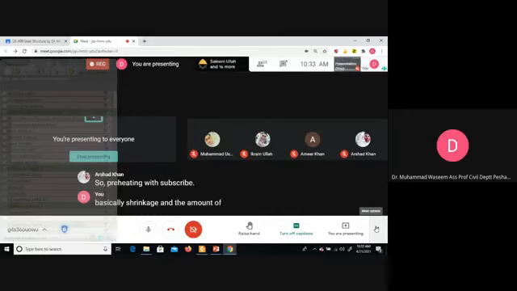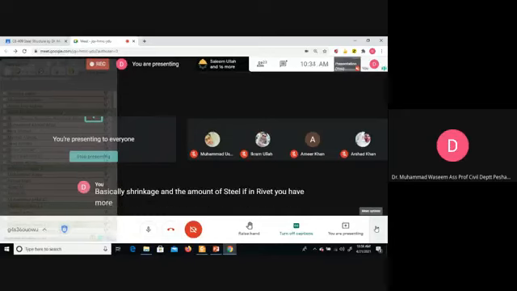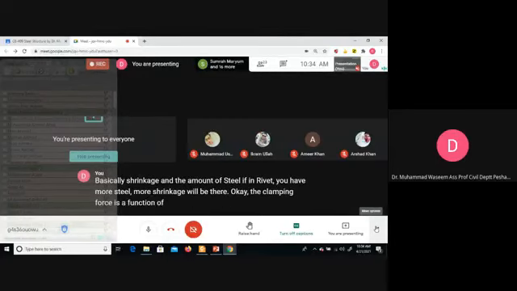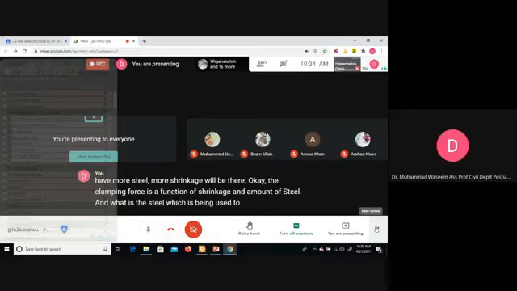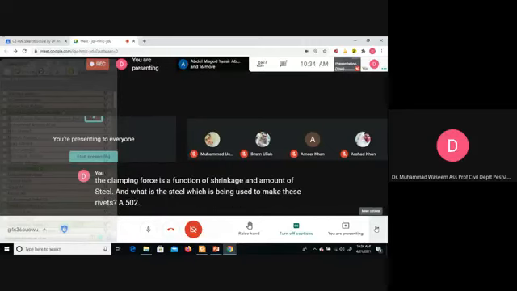If in a rivet you have more steel, more shrinkage will be there. The clamping force is a function of shrinkage and amount of steel. And what is the steel which is being used to make these rivets? A502. Okay.